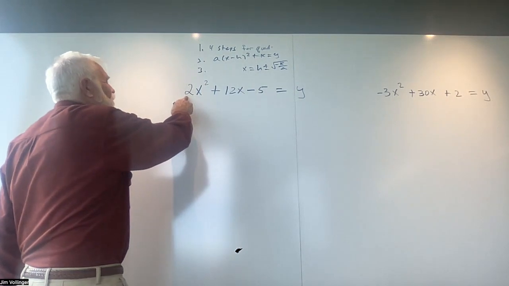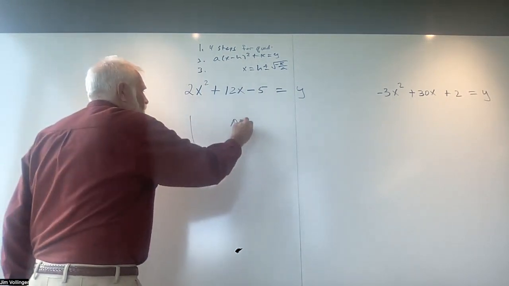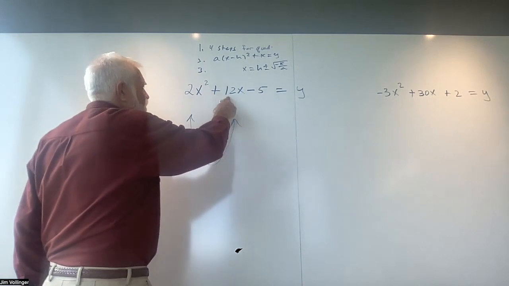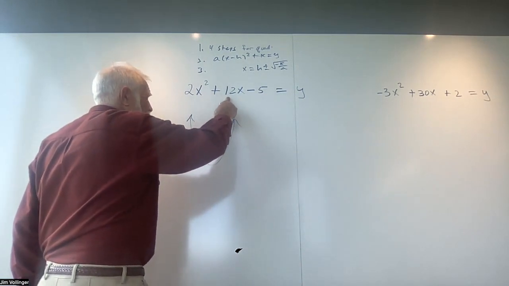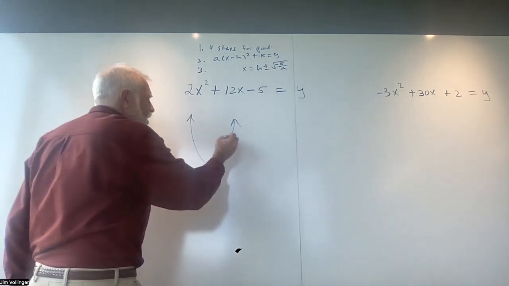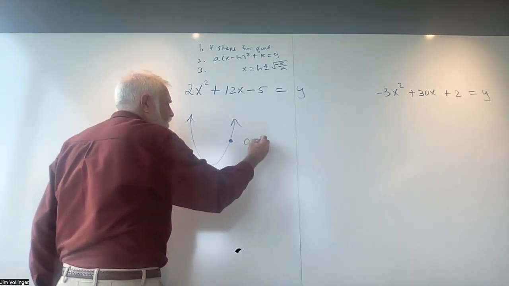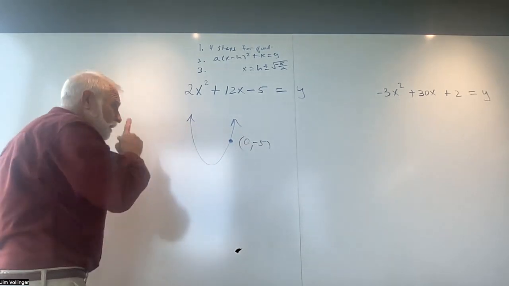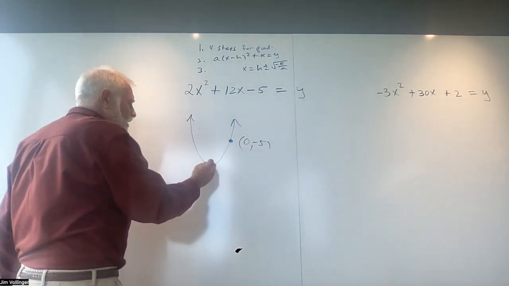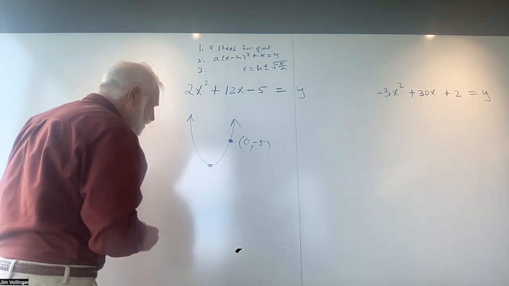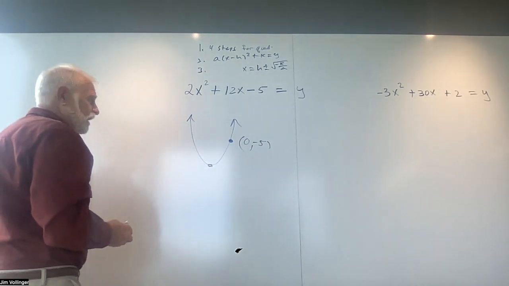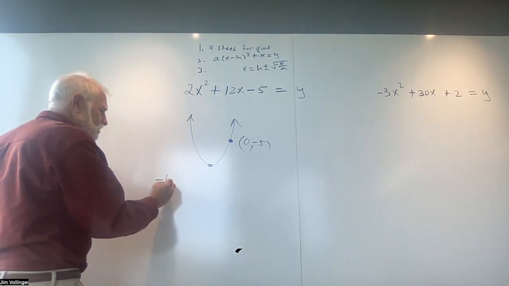Positive a term, cup shape up. I see a linear addition to that, which means I'm on the upside with my y-intercept, (0, -5). That's step 2. Step 3, finding the x value of the vertex, we have talked about conceptually.